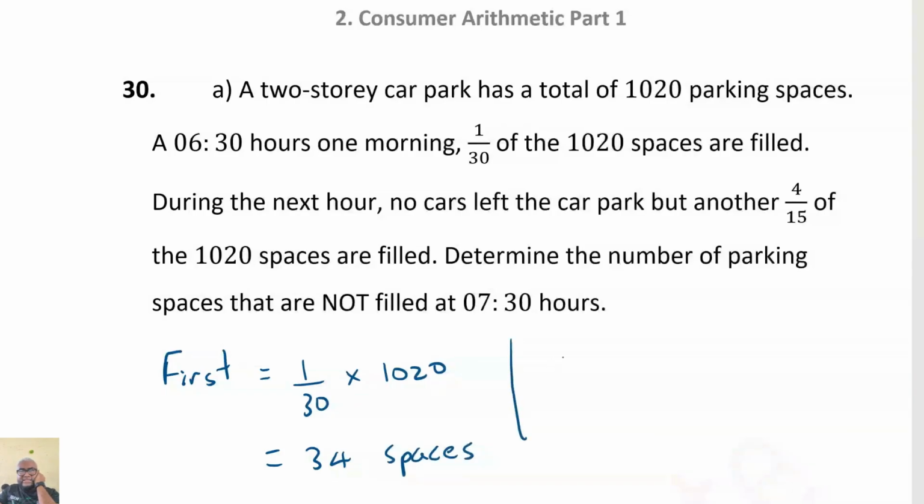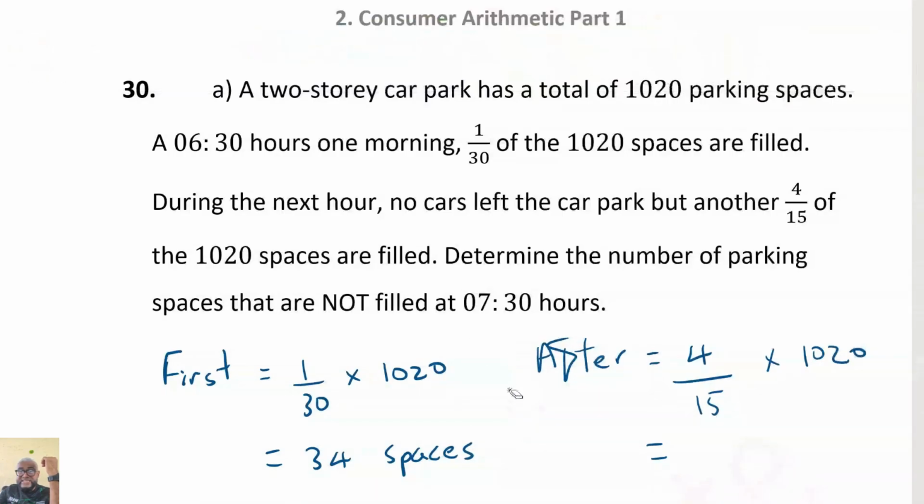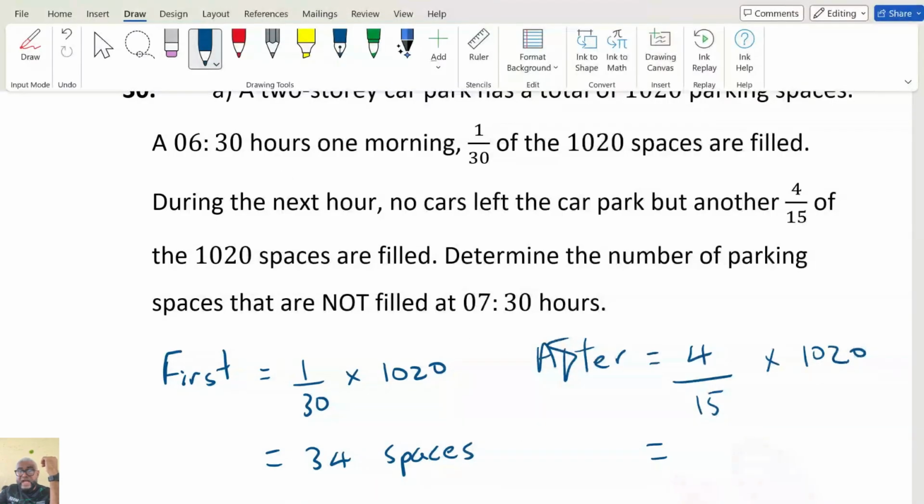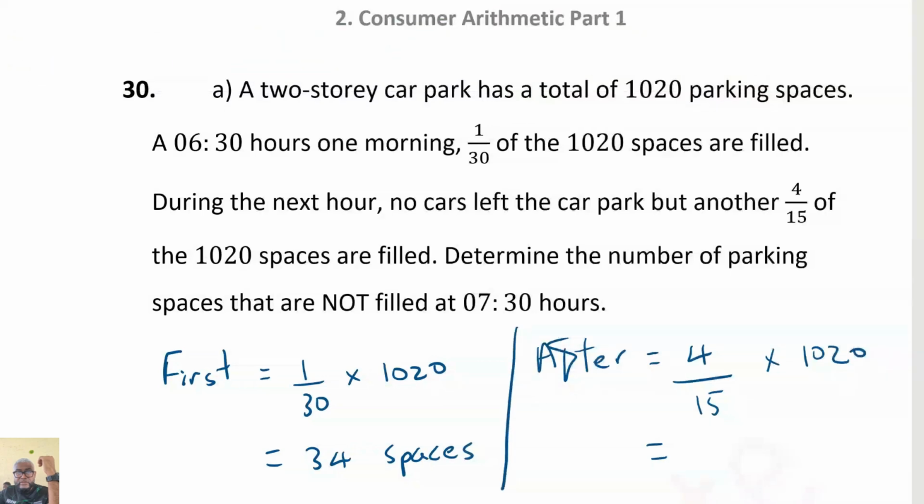Then after, no cars left. They say 4/15, sorry, of the same 1,020. How much will this be? 4/15 multiplied by 1,020 spaces, right?